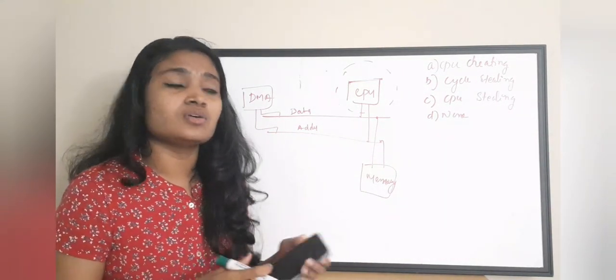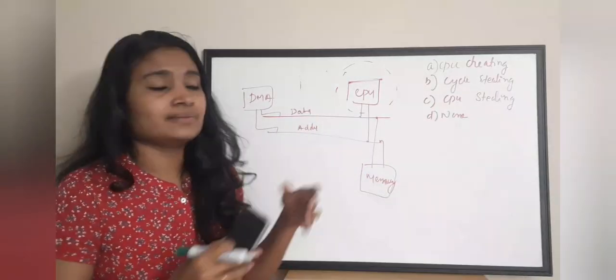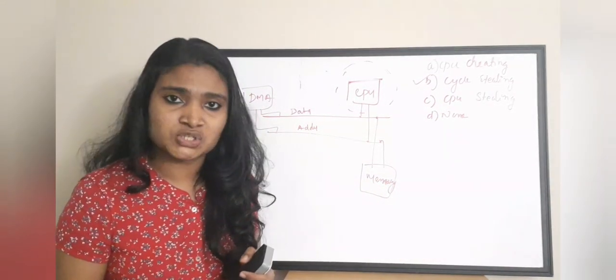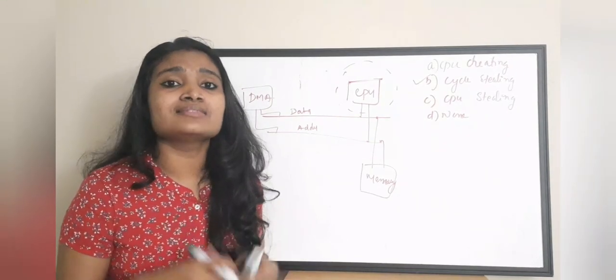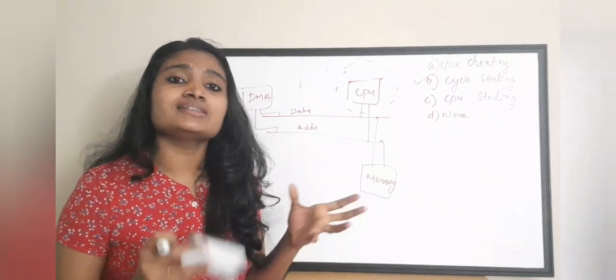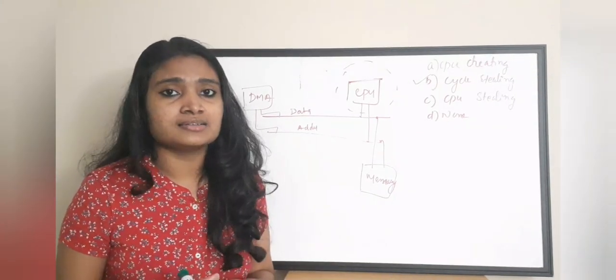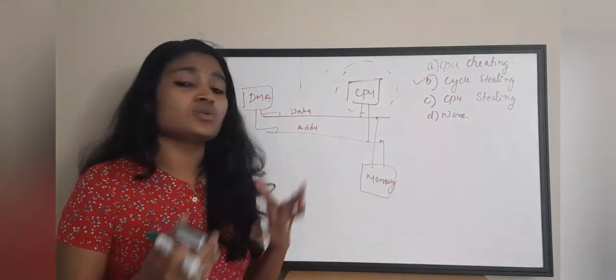It is actually called cycle stealing. That is, if we are using DMA for memory transactions, it is called cycle stealing. Here we are stealing the memory read and write cycles from the CPU.